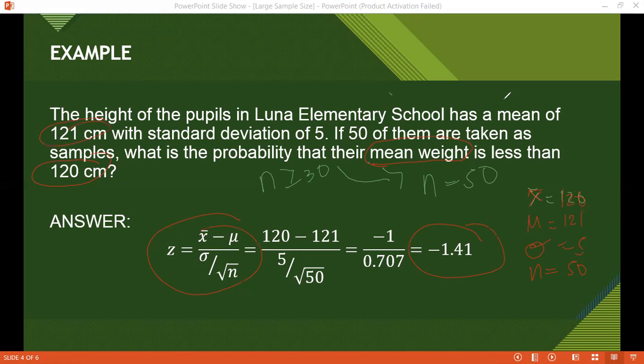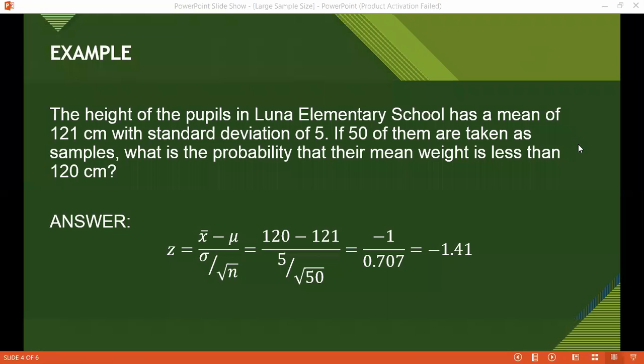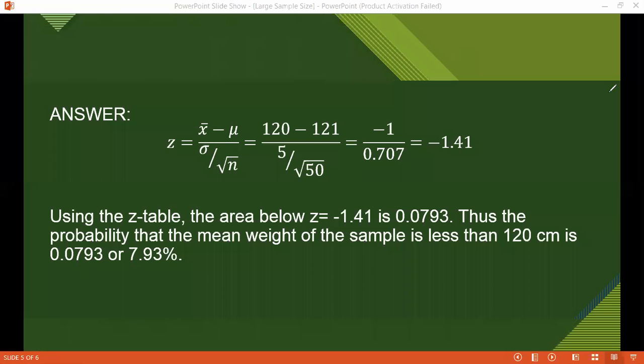Okay, we are not done yet. We'll have continuation. Okay, next we have here. I do hope you still remember how to use the z-table kasi gagamitin natin siya dito.